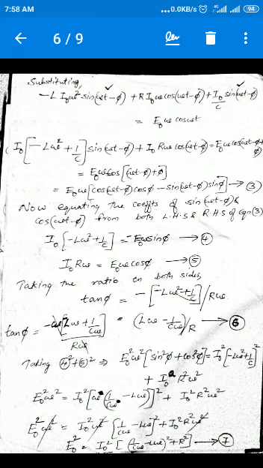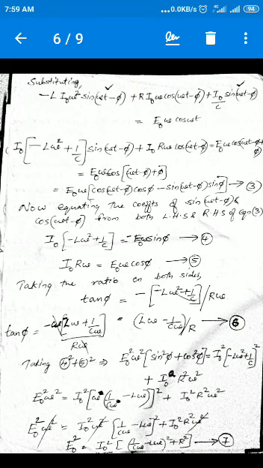Now we just need to equate the coefficients of similar terms. Here we have the sin omega t minus phi term and the cos omega t minus phi term in the left hand side, and the same in the right hand side also. So we just equate the cos omega t minus phi terms and the sin omega t minus phi terms from the left hand side and right hand side.